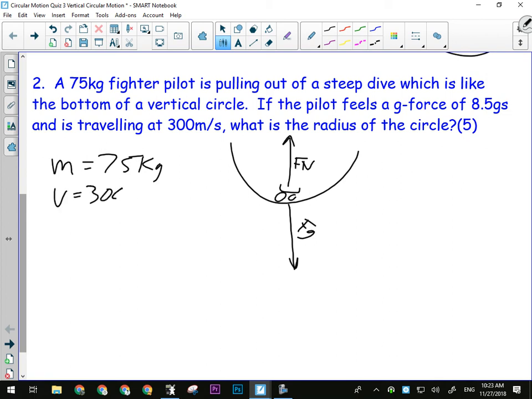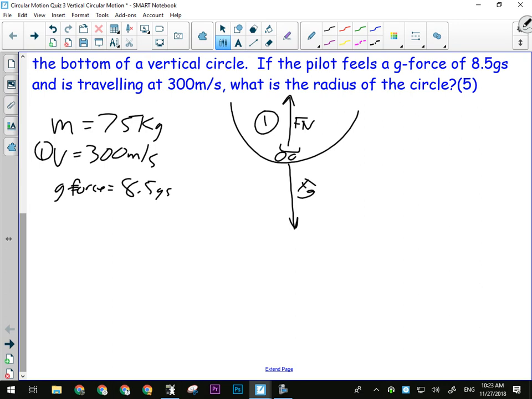So give them a mark for givens. Sorry, I don't have them all written down here yet. 300 meters per second, and then g-force is 8.5 Gs. Give them a mark for givens. Give them a mark for a free body diagram on this one as well. So here's what we got. Forces in minus forces out.